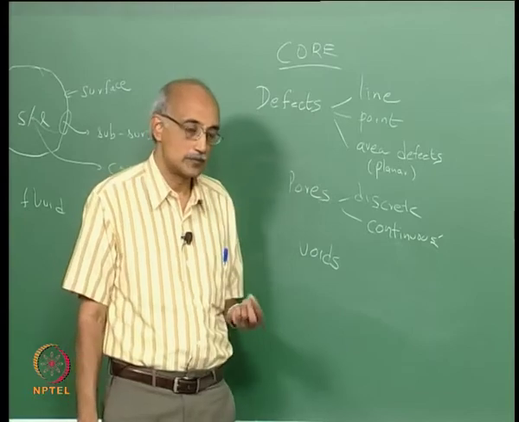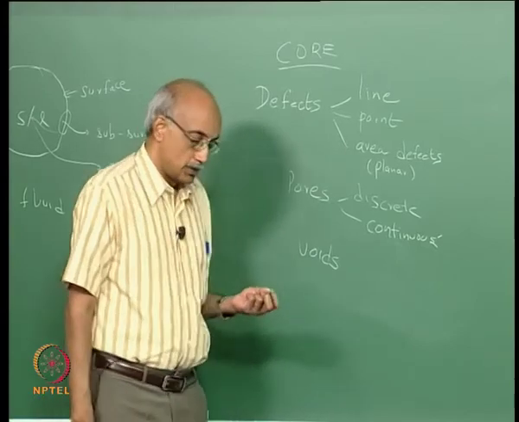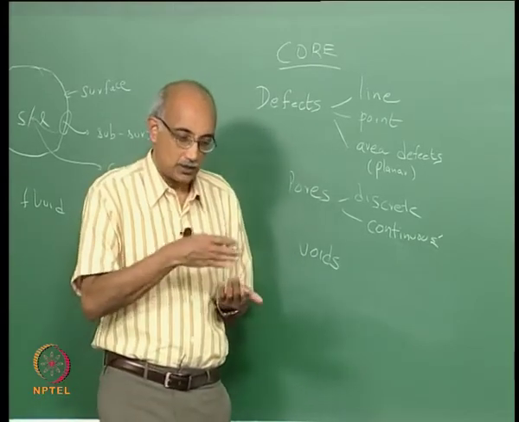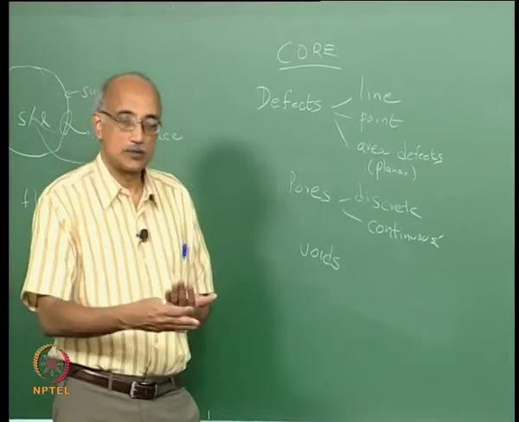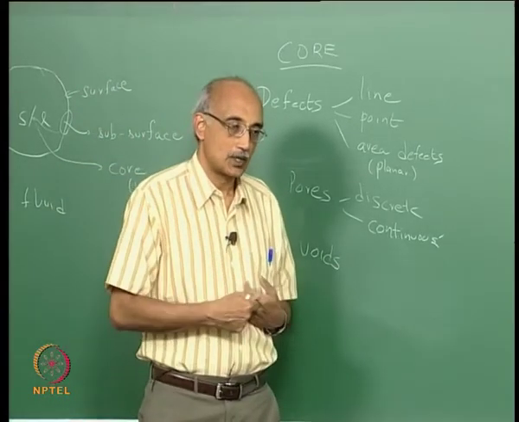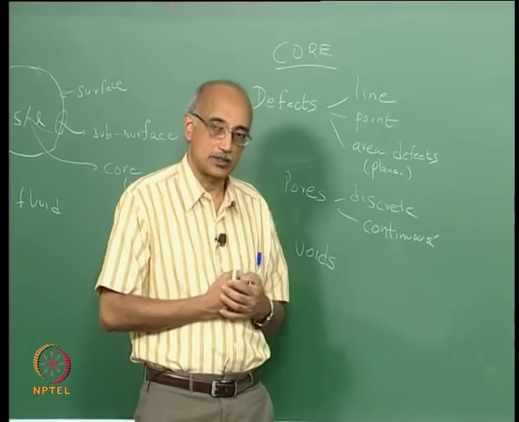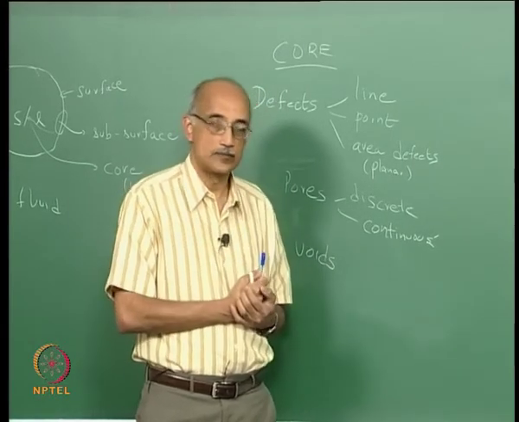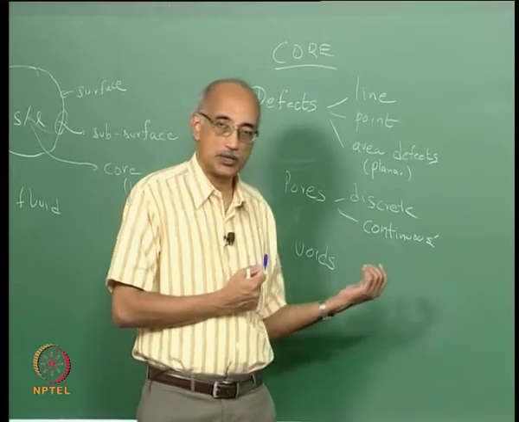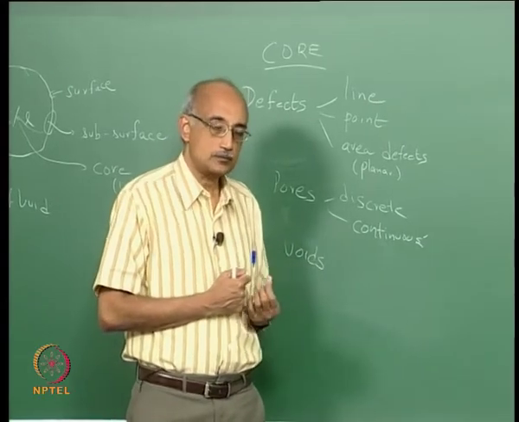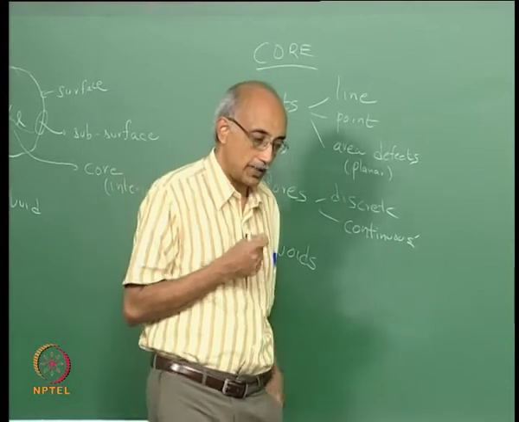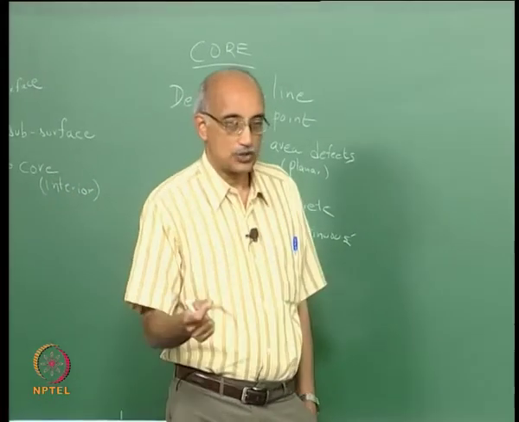Okay, so essentially we have discussed the three regions somewhat in sequence. First we talked about the surface, what are some typical characteristics of the surface and what affects these characteristics. Then we talked about the subsurface, and then we talked about the core of the particle. Now in terms of particle characterization, which of these should you be concerned about?